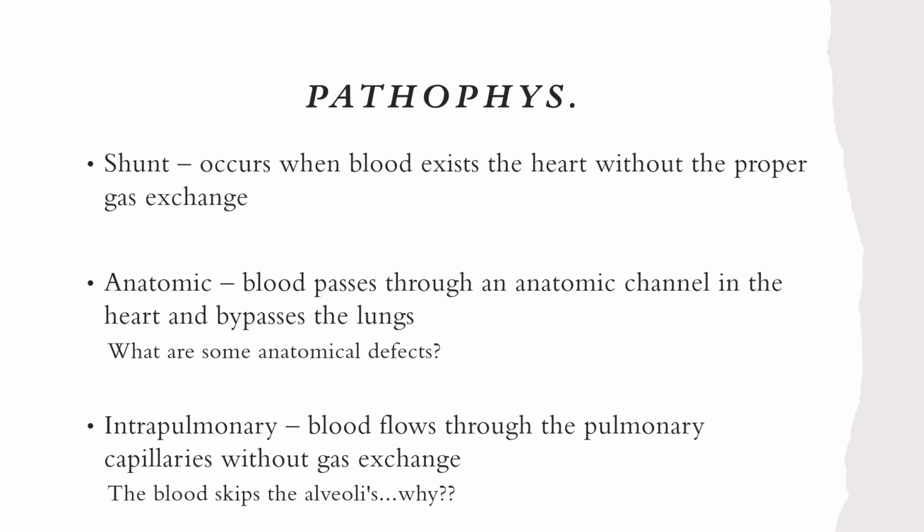And then intrapulmonary is where blood flows through the pulmonary capillaries without gas exchange. So it's skipping the alveoli. It's trying to get into the alveoli and find that gas exchange, but it can't. So why do you think the blood is skipping the alveoli? Our alveoli are probably either collapsed, or they're filled with fluid.